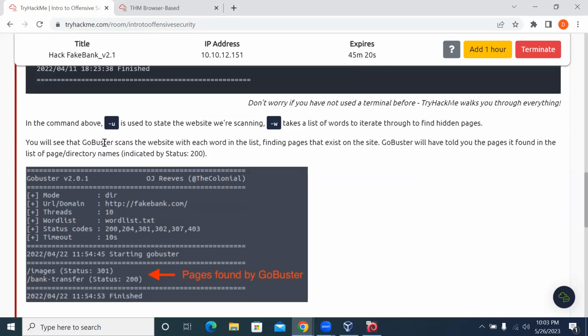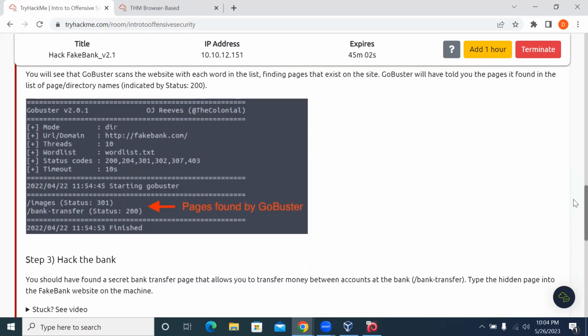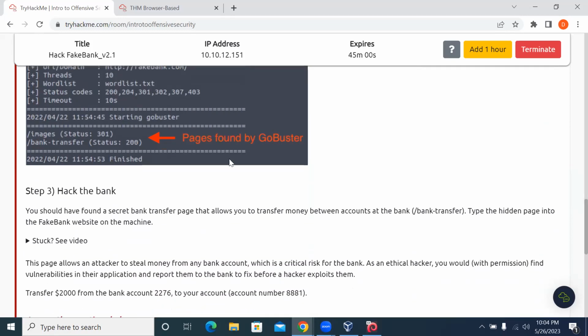You will see that GoBuster scans the website with each word in the list, finding pages that exist on the site. GoBuster will have told you the pages it found, indicated by status 200. So you can see, just like we saw, we got this and this, right?